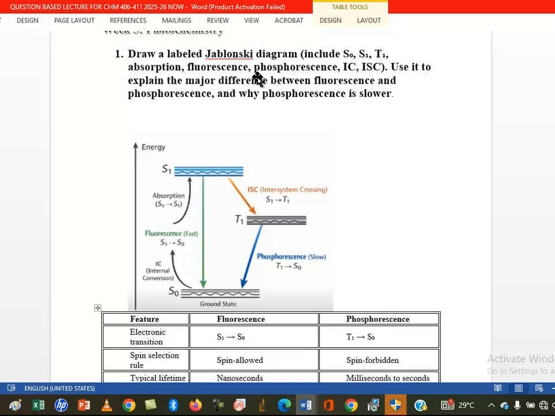For fluorescence, it falls fast, that's why I say fluorescence is fast, while for phosphorescence it goes through intersystem crossing before it comes back to the ground state. That's phosphorescence.